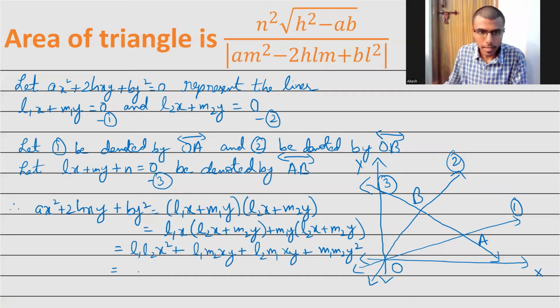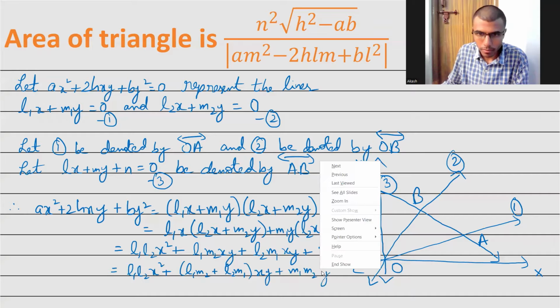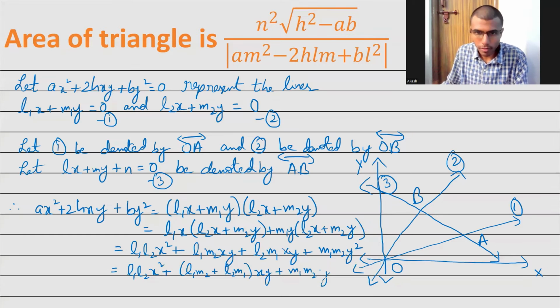Now I can write this as L1 L2 x square plus, if I take xy common, L1 M2 plus L2 M1 times xy plus M1 M2 y square.